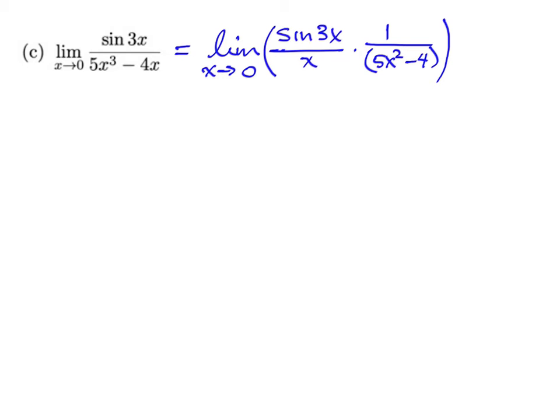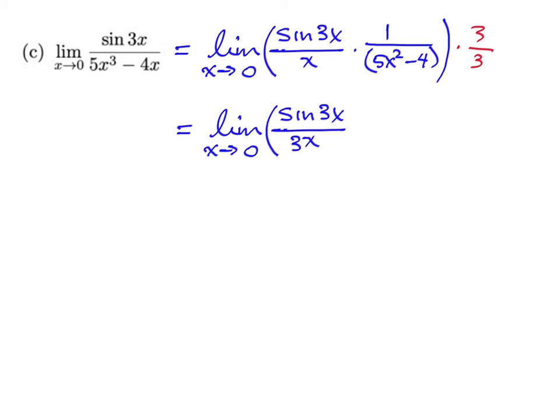Now we see we have sine of 3x over x. Well, we'd like to multiply that denominator by 3. So we have sine 3x over 3x. But if we multiply the denominator by 3, we have to multiply the numerator by 3. So I'm just going to multiply everything by 3 over 3 and then rewrite it as the limit as x approaches 0 of sine of 3x over 3x times 3 over 5x squared minus 4.